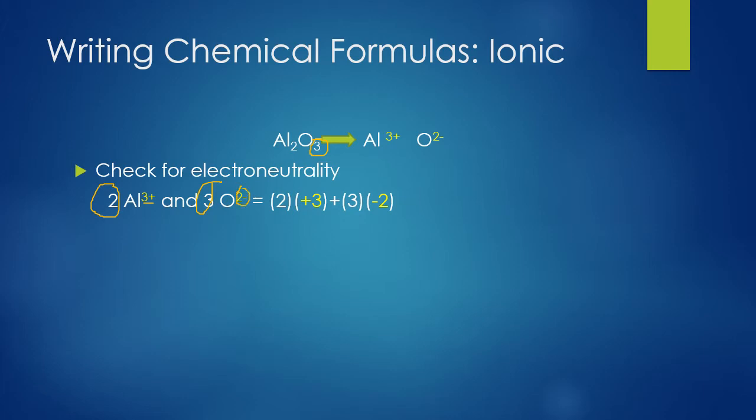So what we're trying to check is that it is indeed neutral. If we have 2 atoms of aluminum at a +3, that's going to give me +6 on the plus side. I have 3 atoms of oxygen, each with a -2, so that's going to give me a -6 on the oxygen side. A +6 plus a -6, they cancel each other out. That compound is overall neutral.